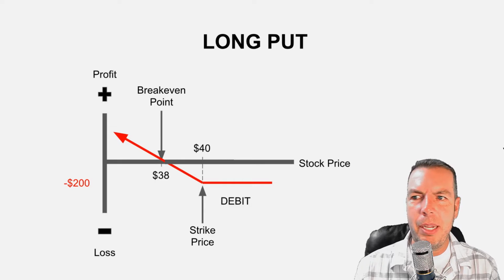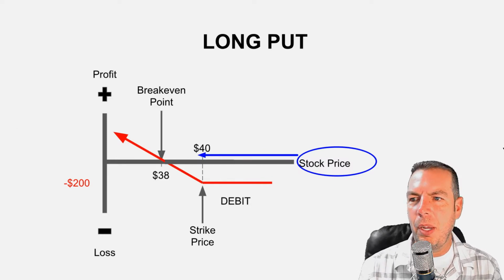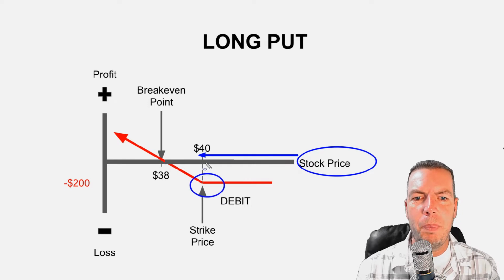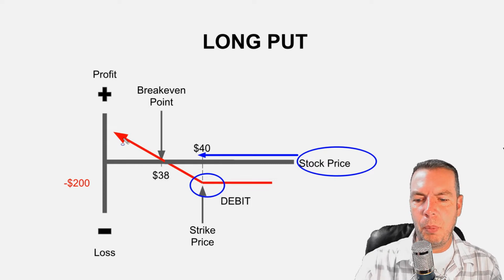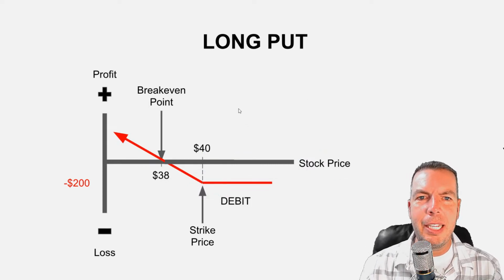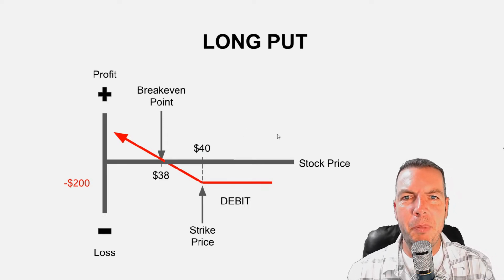Here's the stock price, and we are expecting this stock to trade lower into the future. We're buying a strike price here, and in this example, we're buying the $40 strike and expecting that stock to trade lower. We're going to talk about this a little bit more in the video, but I wanted to give you an idea what the profit loss diagram looks like.